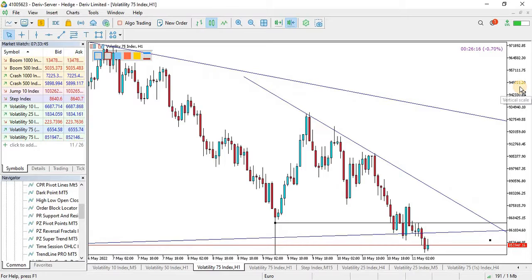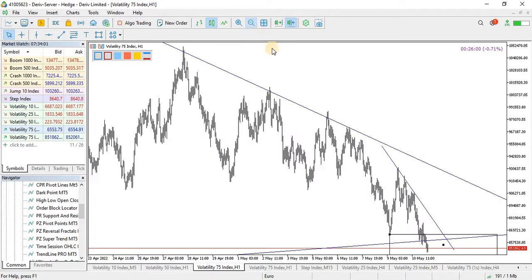The second thing I'm going to do is I have a couple of programs or systems that indicate support and resistance zones.